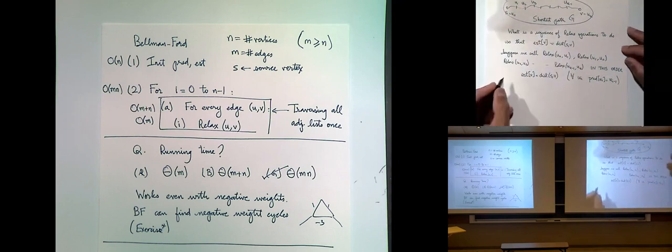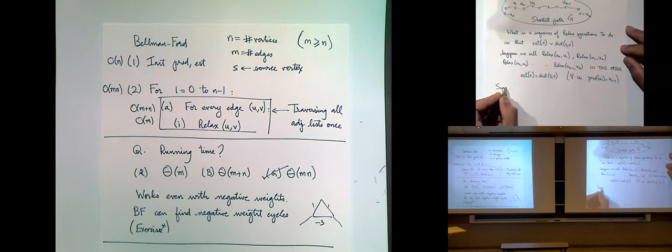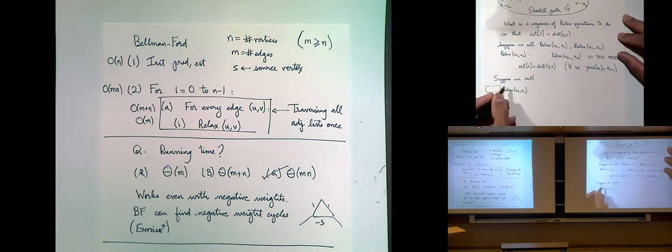Now suppose instead of doing this, suppose you did the following. Suppose we call relax of u0, u1, and other relax operations here. So there are a bunch of relax calls that you do, then you do some other relax.